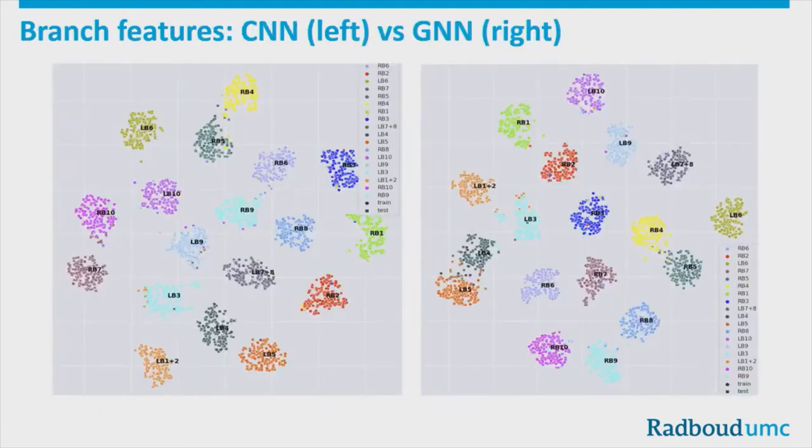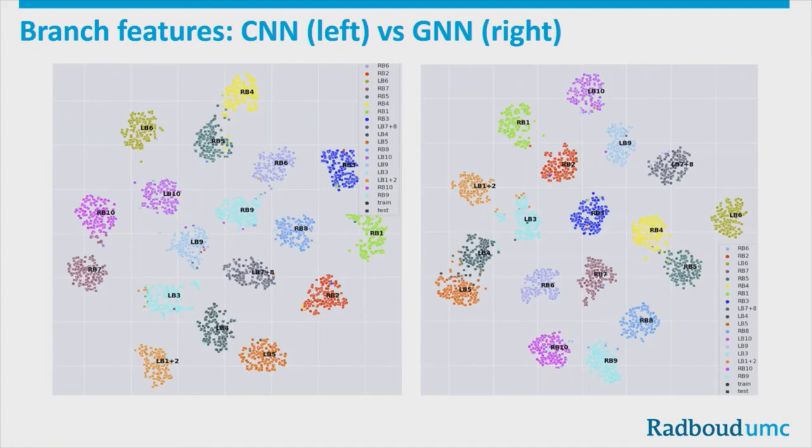In the last slide, I show that we also plot the features in high dimensions using a t-SNE plot, which is a way to plot high-dimensional features in 2D. What we are plotting here is, on the left, the 1024-dimensional feature vector we extract from the convolutional network. The right side image is a 1024-dimensional vector extracted from the graph attention network. We see that in the left image, LB7 and LB10 are isolated from LB8 and 9.